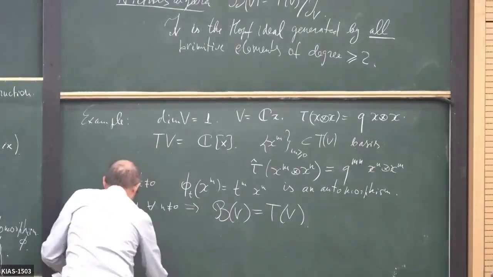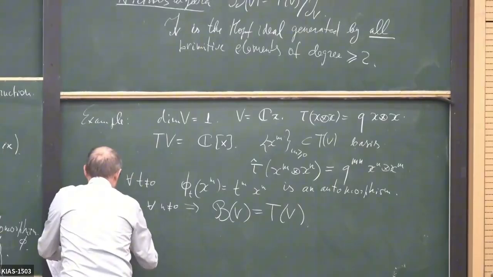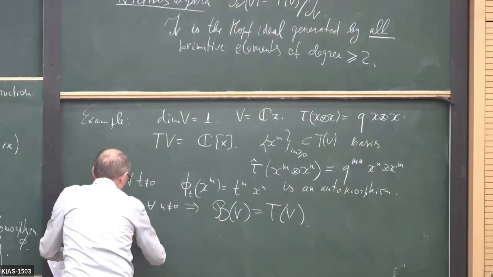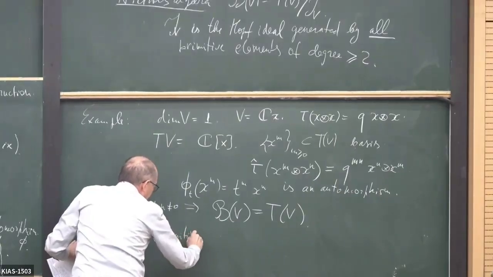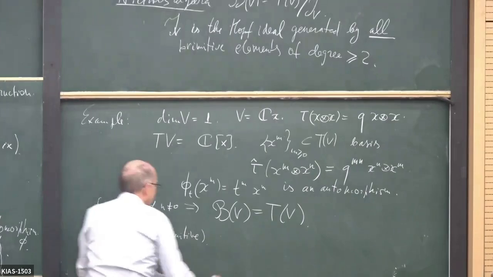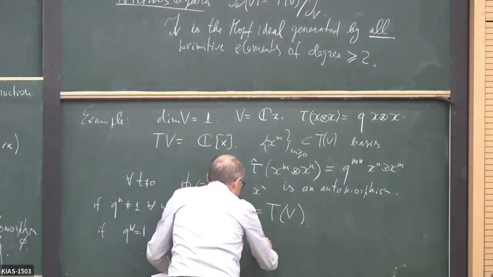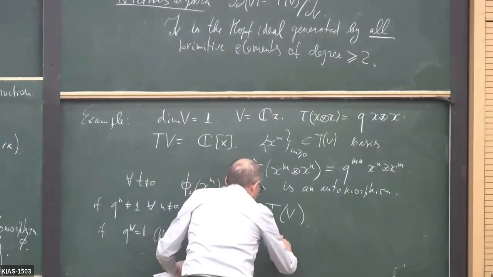But if q^n equals 1, q a primitive root of unity, then x^n is primitive.